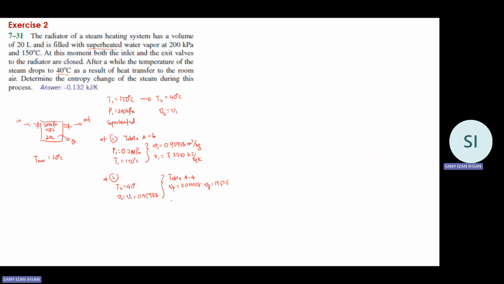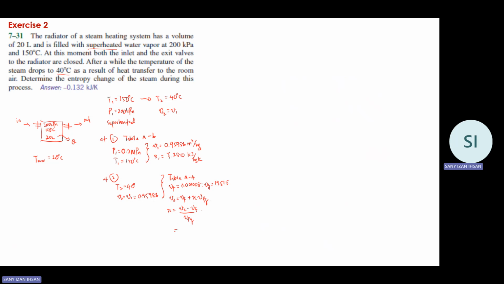So we can find the quality. Remember, we have the relation V2 equals VF plus X VFG. So X is equal to V2 minus VF divided by VFG, where VFG is VG minus VF. You just substitute the values.